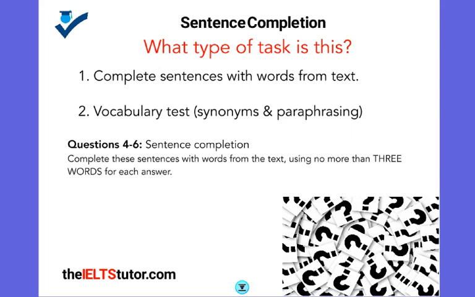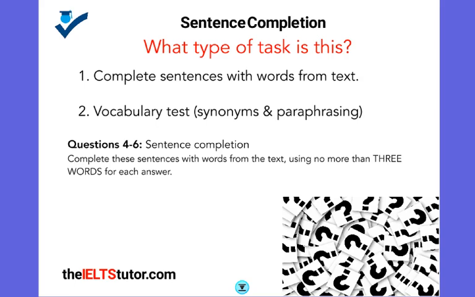You just have to complete the sentences with appropriate words from the text. What I would suggest is don't get stuck on vocabulary that you don't know, because it may not be important. Like I said, it's essential that you try to guess the words from the context.